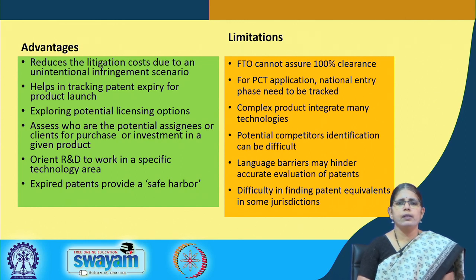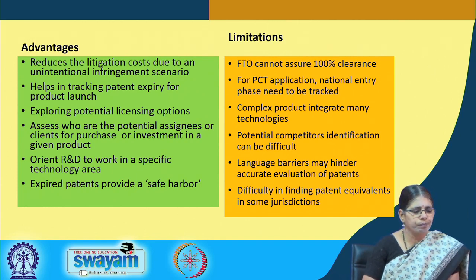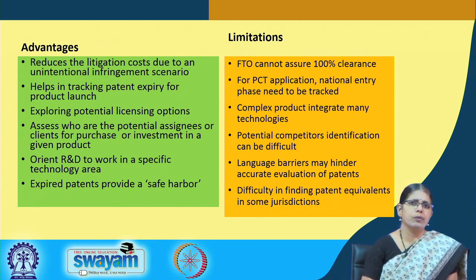As we now realize, there are several advantages of FTO search. Let us look at some of those. Primarily, it reduces litigation cost, so that an early opinion is sought on the options that are available.